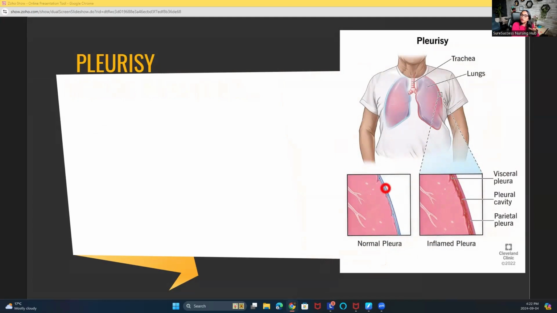If this pleura is swollen, then when you are breathing in, you are pressing this pleural cavity with your lungs and your skin. That friction is causing the pain. Are you getting me?